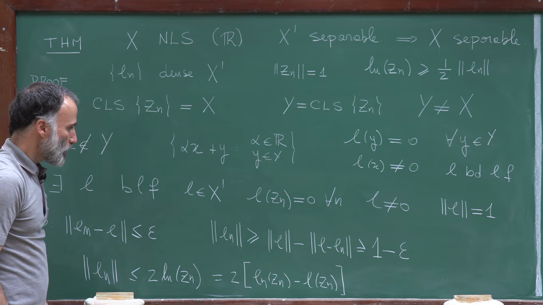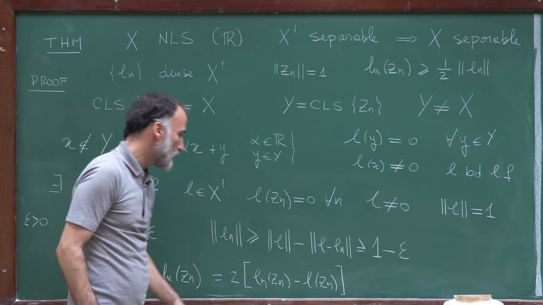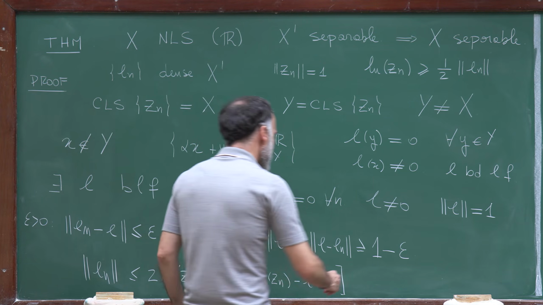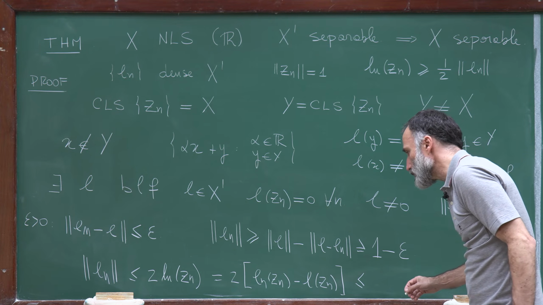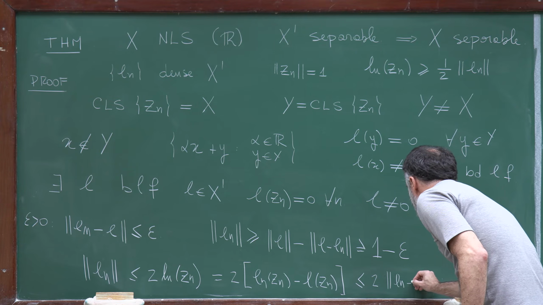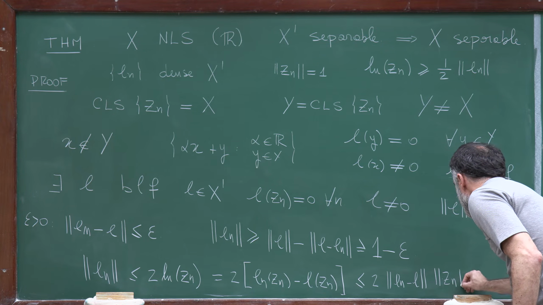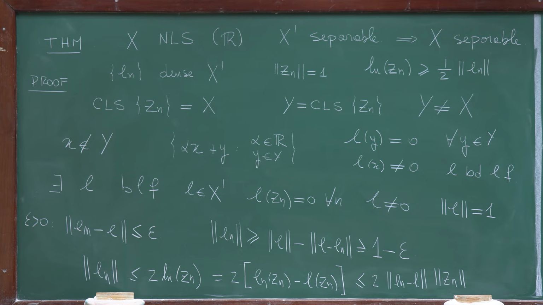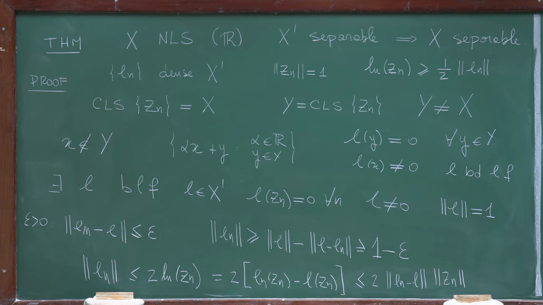Now, this is actually Ln minus L applied at Zn. And by the definition of the norm, this is bounded by 2 times the norm of Ln minus L times the norm of Zn. Right? Because Ln minus L is the supremum.